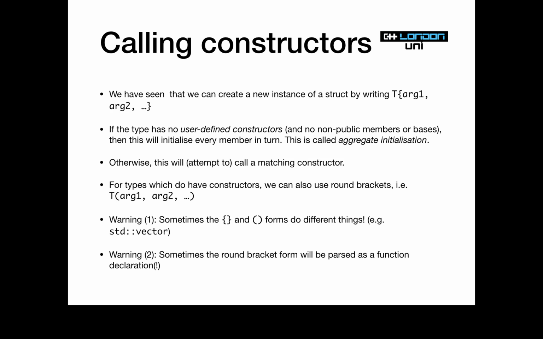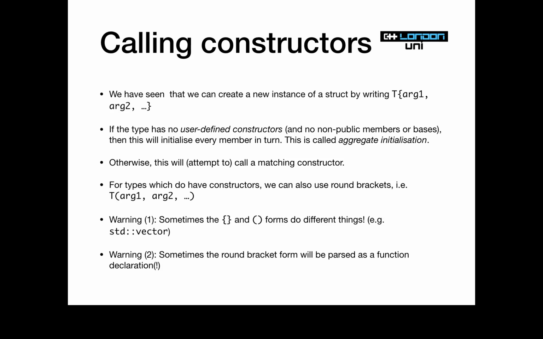So just to imagine that, if we had R, so now, here, if A and B are types, this is declaring a function called R that returns a point and takes two unnamed arguments of types A and B. But if A and B are variables, then this is calling the point constructor.